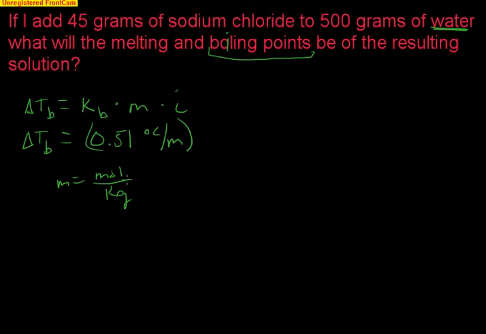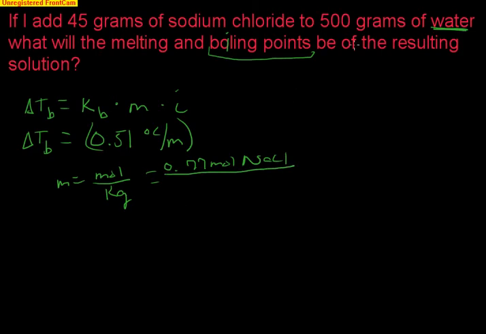After we convert using our molar mass, 45 grams of sodium chloride gives us 0.77 moles of NaCl.